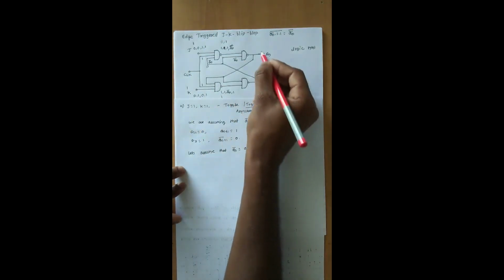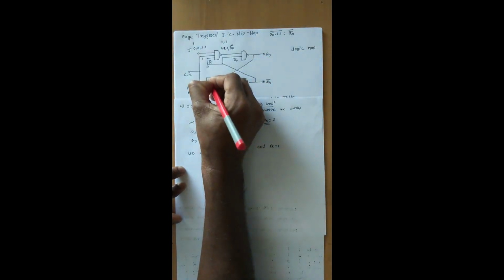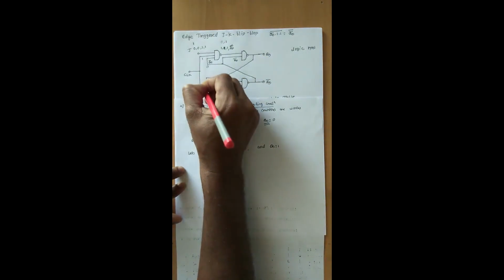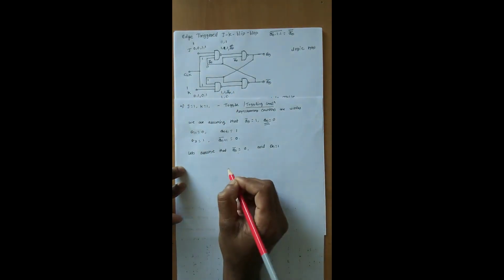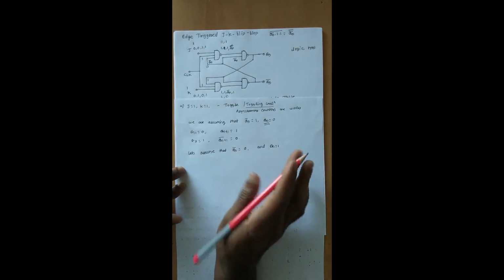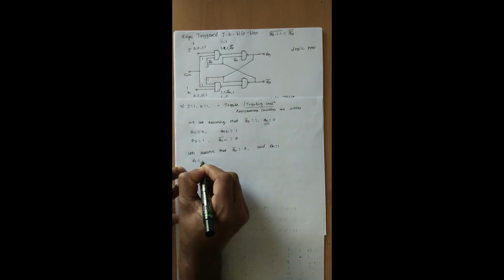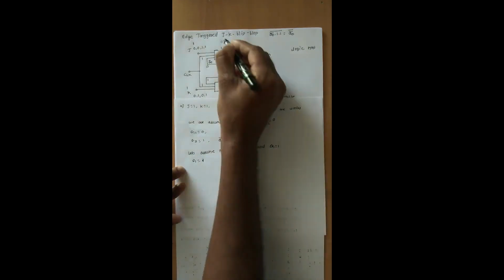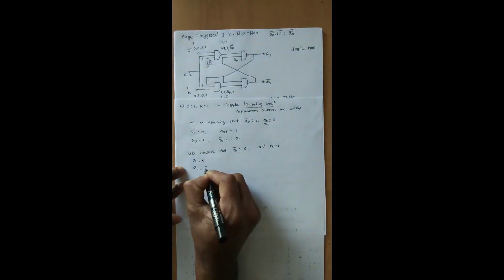Here what is the value of Q of n? This value is 1, so this is 1. 1 into this clock, which is also 1. What will be the output? It will be 0. No need for further analysis. Here G of 1 is 1 and G of 2 is 0.